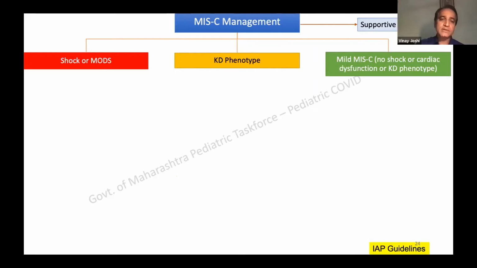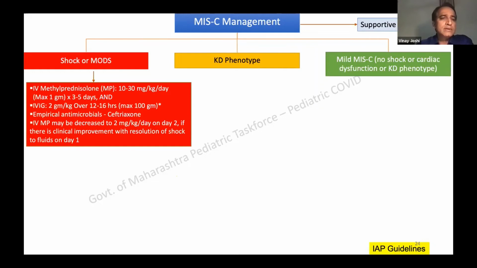They need to be monitored, and you need to look after other parameters as well. So coming to shock with MODS, here we propose combination therapy: IV methylprednisolone 10 to 30 milligram per kilo per day, maximum 1 gram, for the first 3 to 5 days and subsequently taper, along with IVIG 2 grams per kilo over 12 to 16 hours, and the maximum dose is 100 gram.